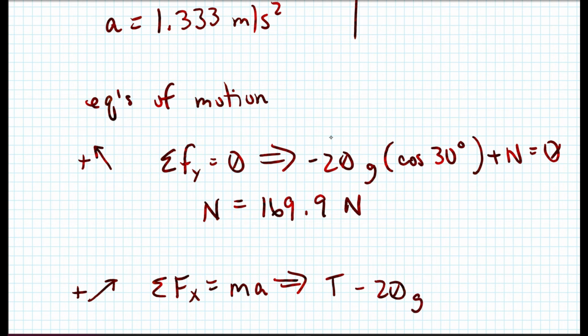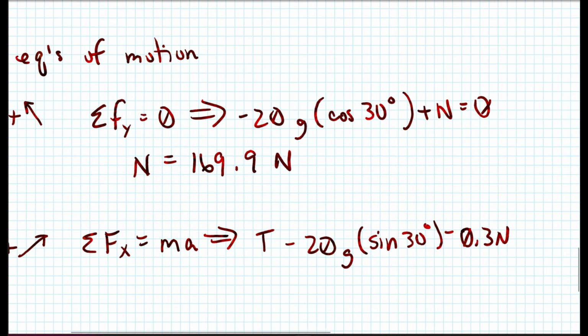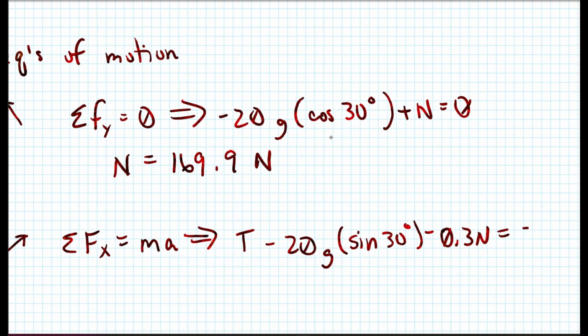T minus 20, and this time we multiply it times the sine of 30 degrees. And then minus 0.3 n, and then we should say it's equal to 20a.